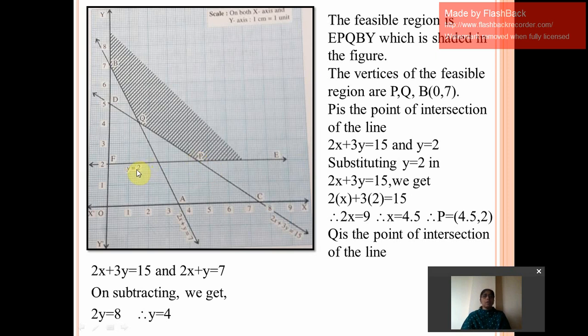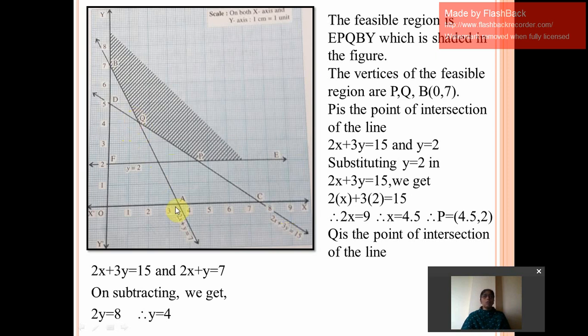Solving these two equations, substituting y is equal to 2: 2x plus 6 is equal to 15. Therefore, x value 4.5. Therefore, P is equal to (4.5, 2).